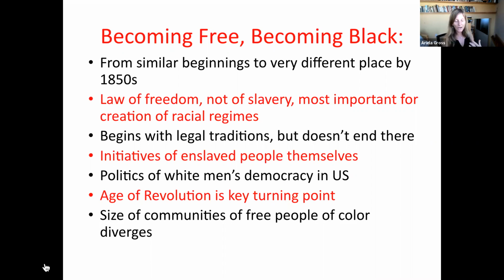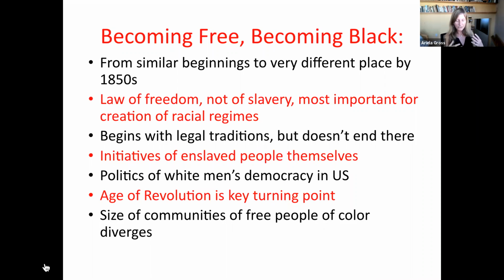And we identify the Age of Revolution as a key moment in this divergence, but not in the way you might expect. And here's, I think, a place where what we were trying to write about really intersects with what Lori is talking about.